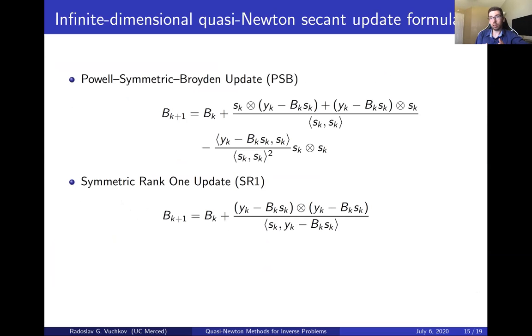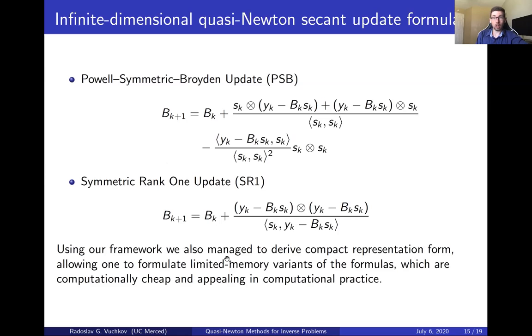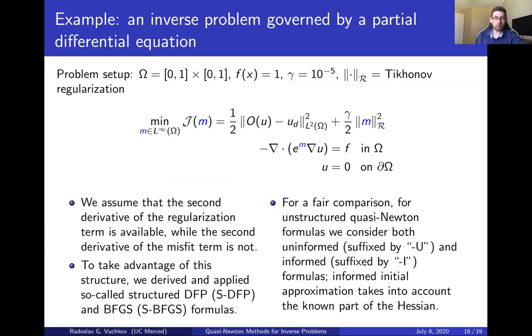And similar transformations or constraints can be required from W to get PSB and SR1, and also their inverses. Our framework also allowed us the freedom to develop limited memory versions in infinite dimensions. So that's great for constrained optimization.